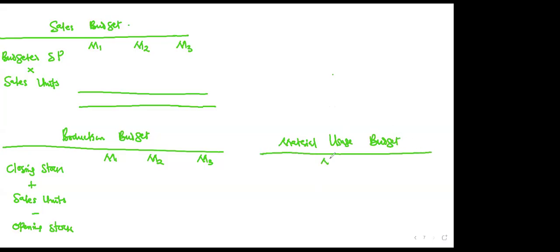That one too for month 1, month 2, month 3. Material usage, we'll talk about the mix of raw materials, right? So we'll multiply the mix by what? The production units. So once we get our production budget, we can get this.